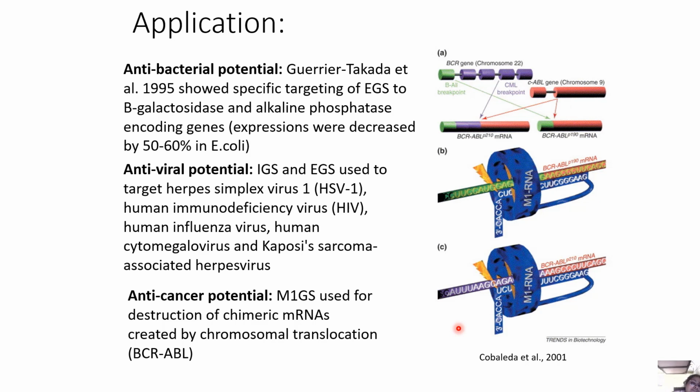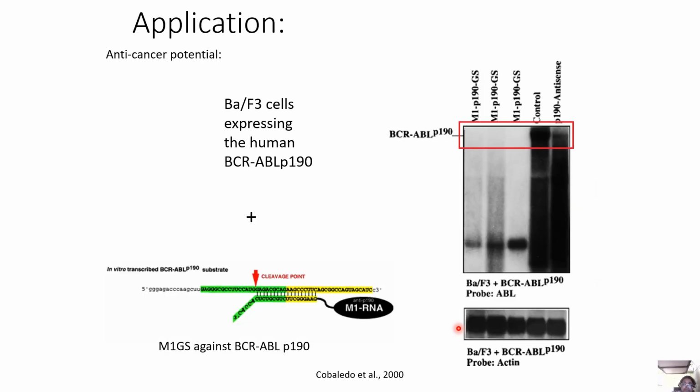If you talk about the antiviral potential, IGS and EGS, internal guide sequences and external guide sequences, were used to target herpes simplex virus HSV-1, human immunodeficiency virus HIV, human influenza virus, human cytomegalovirus, and Kaposi sarcoma-associated herpesvirus. Anti-cancer potential: M1GS used for destruction of chimeric mRNAs created by chromosomal translocation, BCR-ABL.